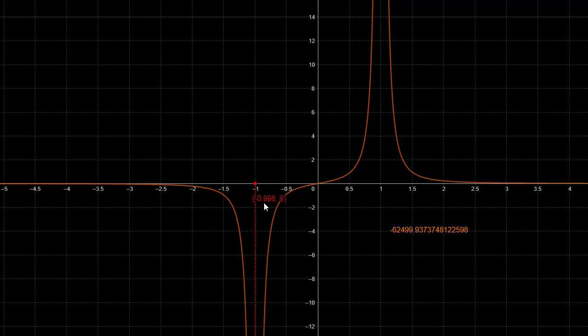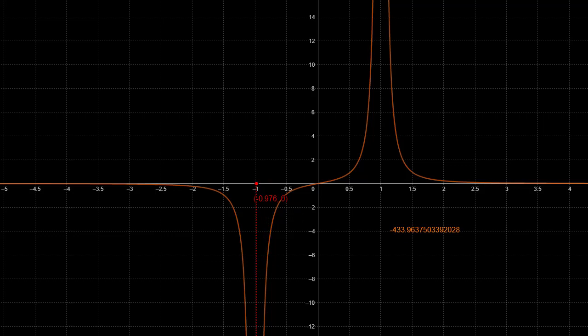And if I take a step closer, like negative 0.998, we're all the way at what looks to be about negative 62,500-ish. So from this side, we're definitely dropping down to negative infinity. You can see the point there shooting down.